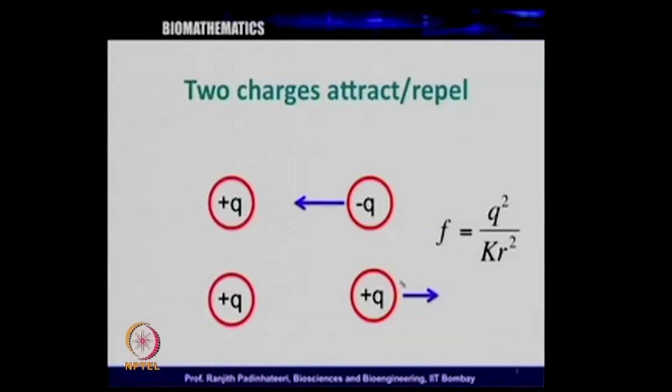So, from this arrow you understand that this charge is being pulled in this particular direction, and from this arrow you understand that this charge is being pushed away in this direction. When they are opposite, this charge will pull this charge towards it. So, these are some things that we know.